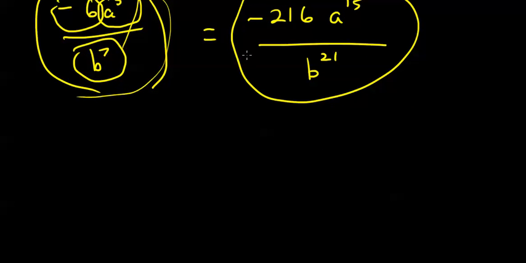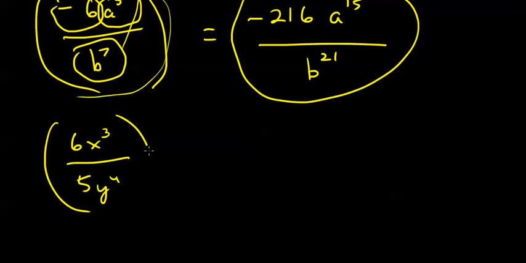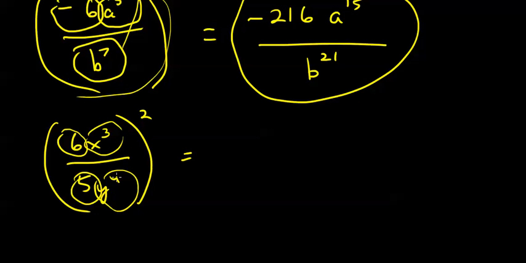Let's see, this is still rule 4. 6x cubed over 5y to the 4th. I'm going to say raise that to the 2nd power. And again, you could spend a lot of effort and write a lot of ink for this problem, but I'm going to try to do it the easiest way, the way with the least amount of ink. I've identified 4 factors in that product or quotient in the base expression.